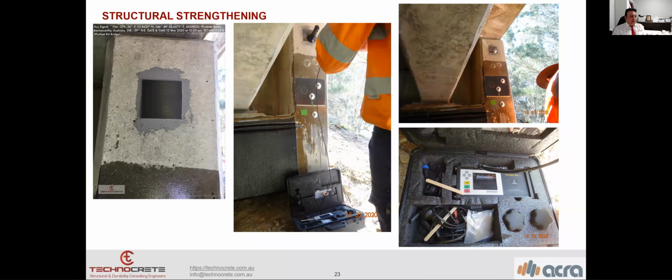And based on a standard, we have to do the site bonding test before applying the actual CFRP wrapping. These photos show the on-site investigation of the tensile bond strength between the CFRP wrapping and concrete substrate.